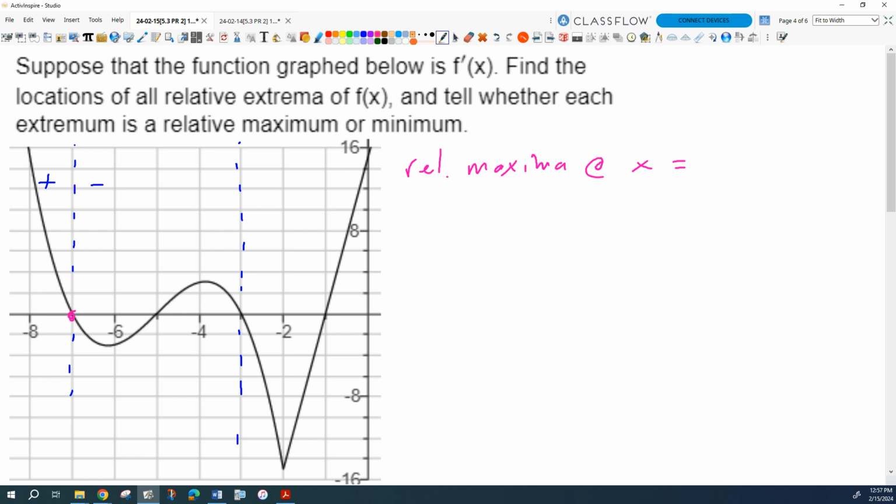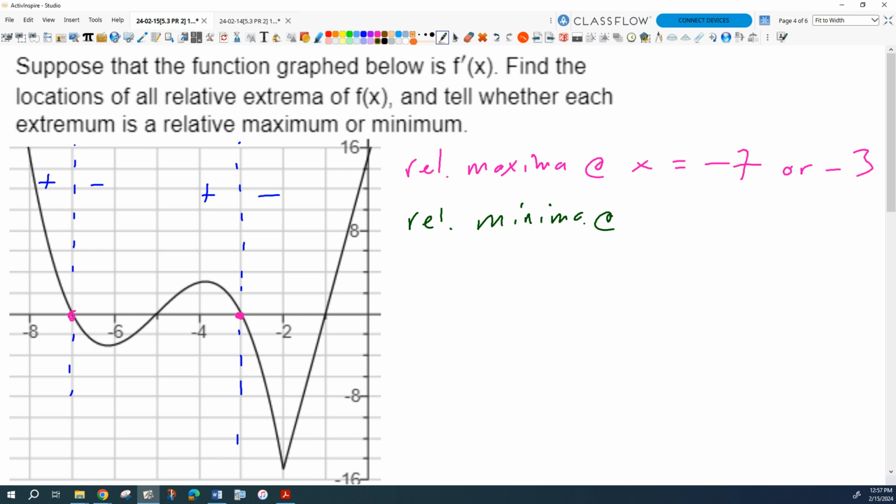There's another place where we're transitioning from positive to negative, right? Everybody agree? So relative maxima at x equals -7 or -3.